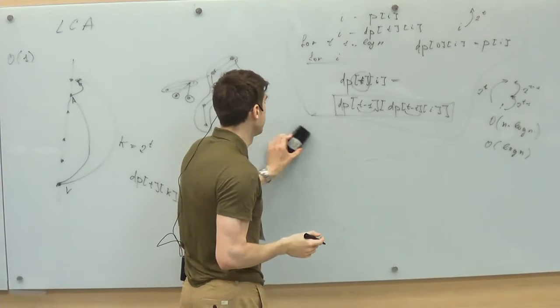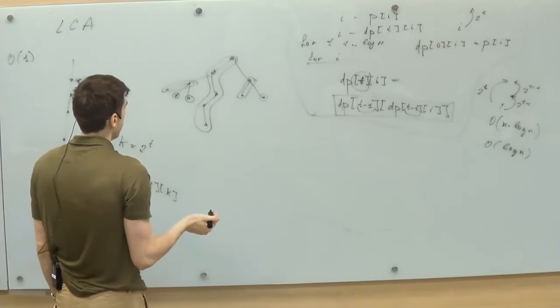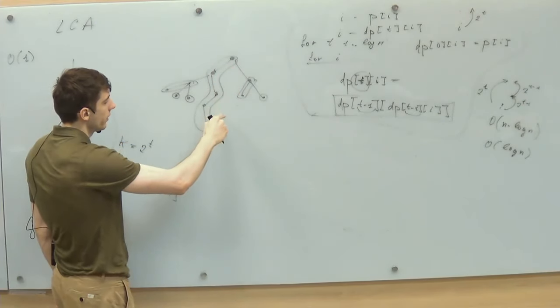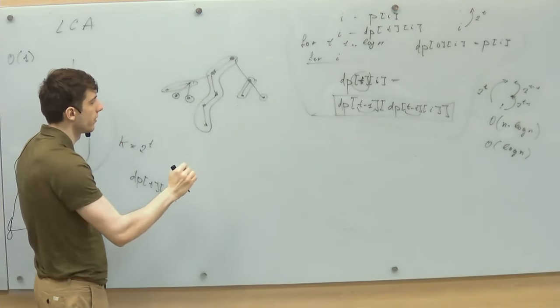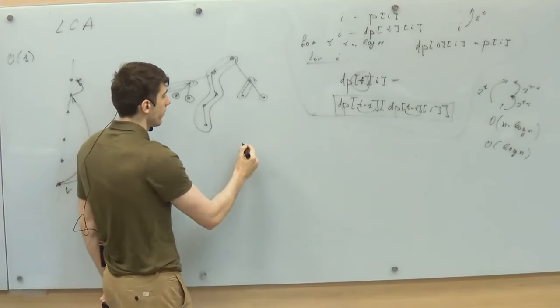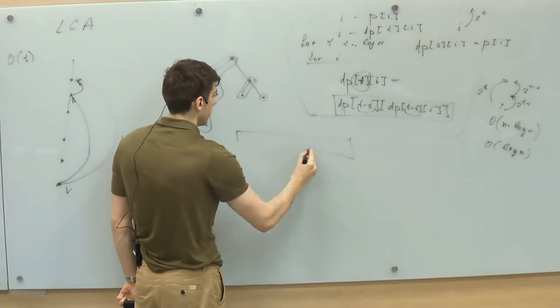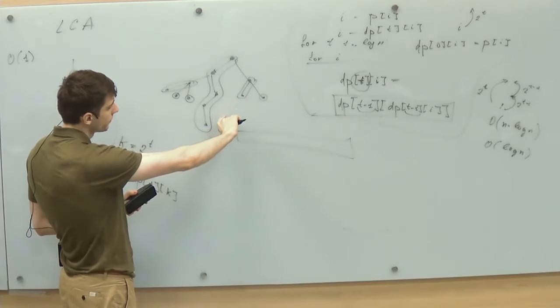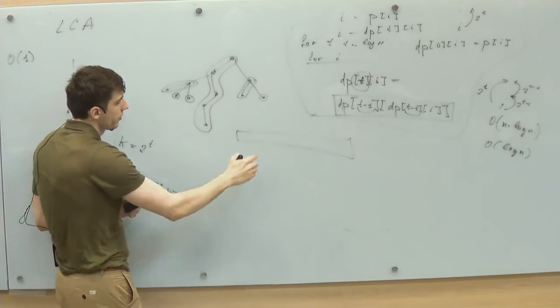And after we did this, we will write these paths into memory consecutively. So we'll just arrange some array, and we will place all these paths from our decomposition into this array.